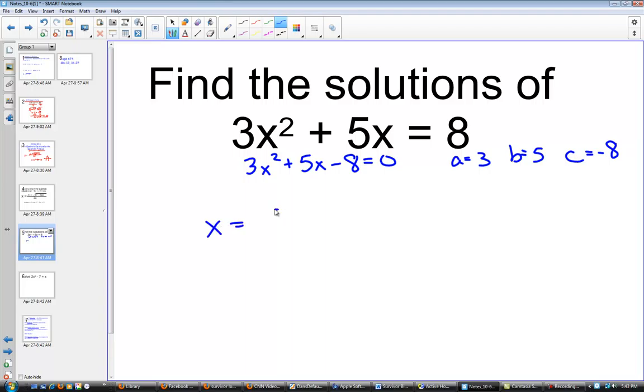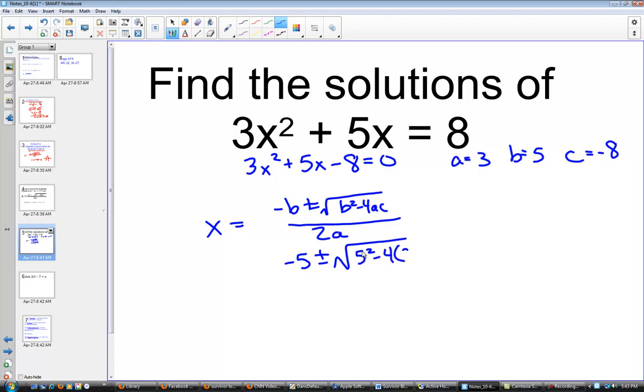X equals negative b plus or minus the square root of b squared minus 4ac all over 2a. So then I put in b, I'm going to get negative 5 plus or minus the square root of 5 squared minus 4 times 3 times negative 8 all over 2 times 3. With me still? We just plugged everything in.